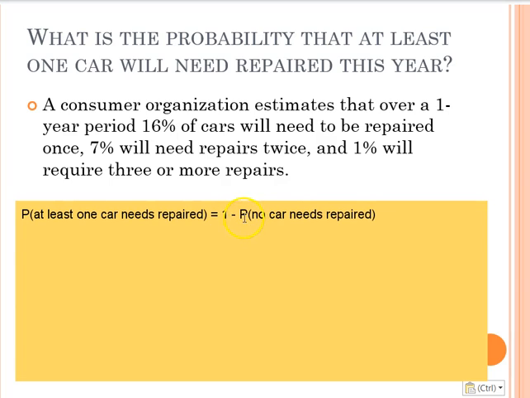So the probability that no car needs repaired is the complete opposite of at least one car needs repaired. And so we're going to calculate that, and that's actually what we found in the very last problem. The answer from our last problem is the probability that neither car needed repair, which was 0.5776, and when we subtract that from 1, we get 0.4224, which is the probability that at least one car needs repaired.